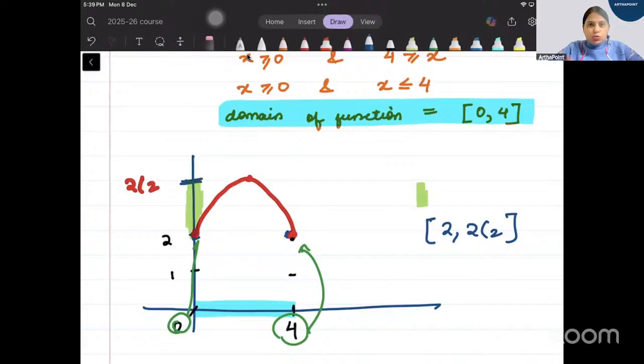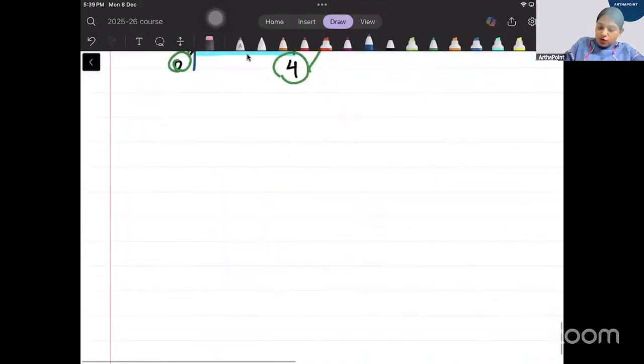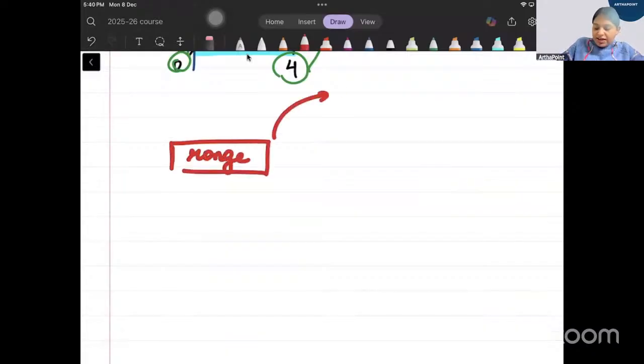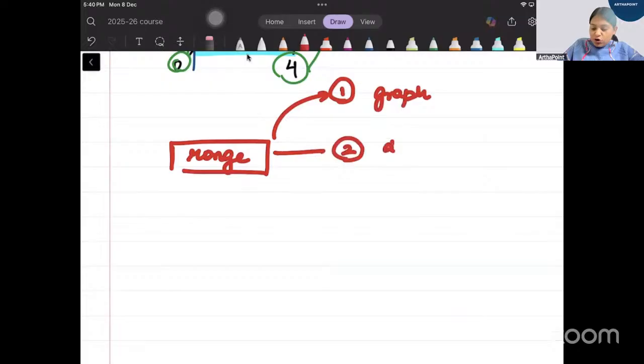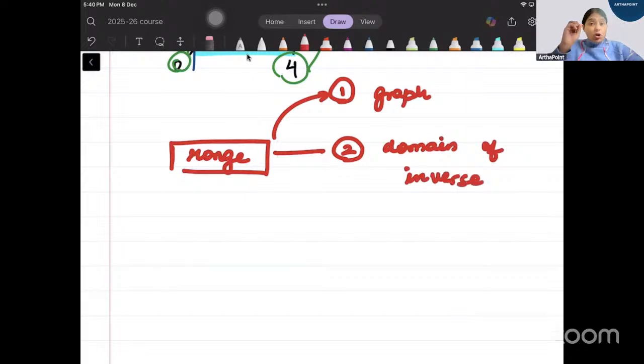So usually whenever they ask you the range of the function, there are only 2-3 methods. Method 1 can be you draw a graph and check. Method 2 can be you find the domain of the inverse of the function, which may not always be possible if the function is very complex.